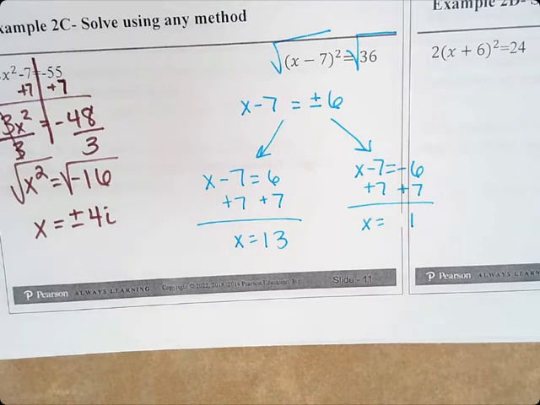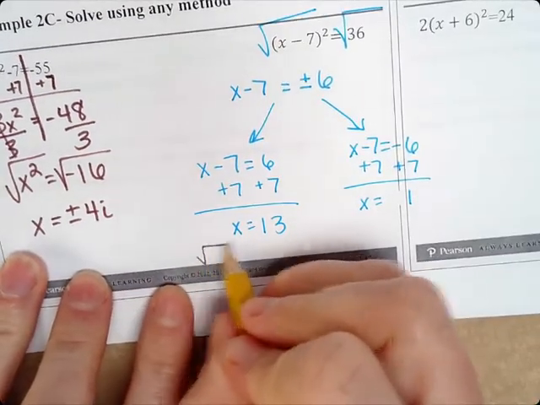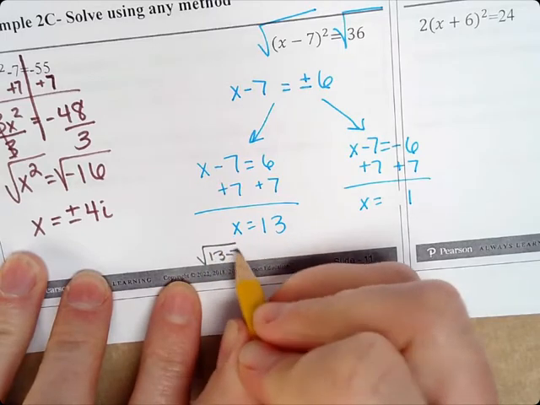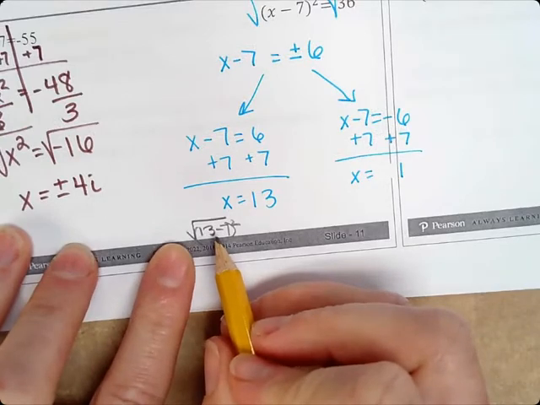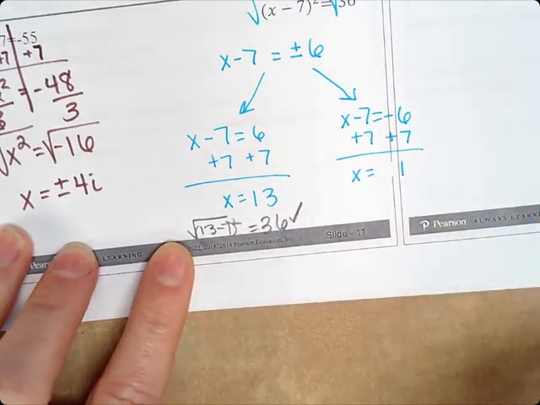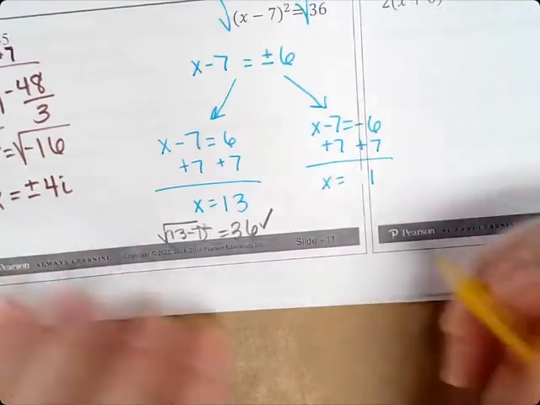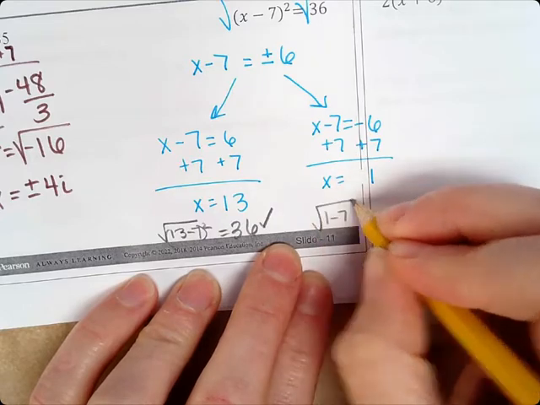And then we would need to substitute it in. So 13 minus 7 squared. 13 minus 7 is 6. 6 squared is 36. So that checks. And then the other one is 1 minus 7.